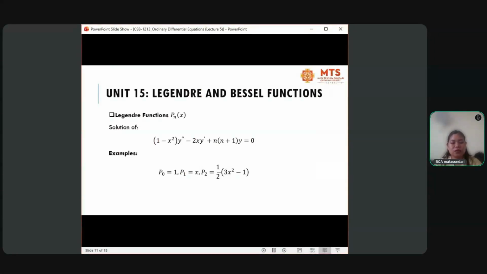Now let us know about the Legendre function P suffix n of x. This will be the solution. Now your example will be this.